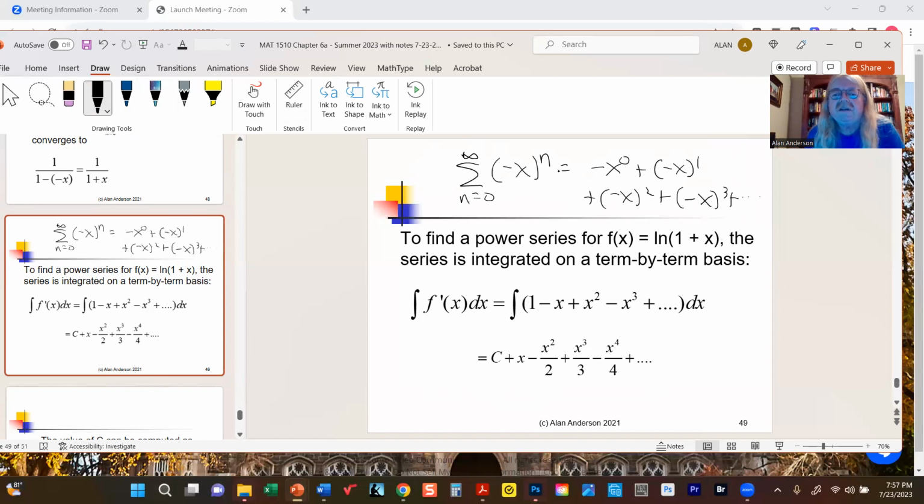And that simplifies to, oh sorry, this is minus 1 minus x plus x squared, alternating signs, and we'll end up with, here's of course the integration, the constant of integration. And so this is our final result.